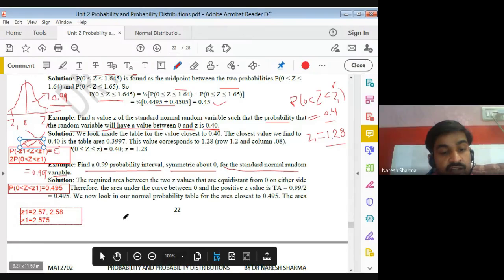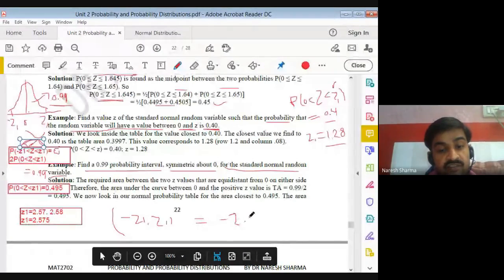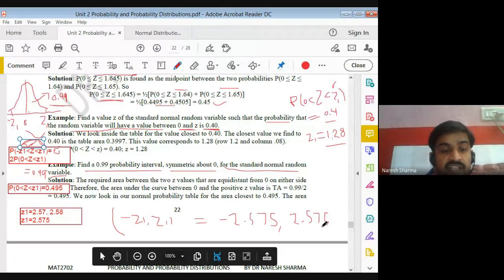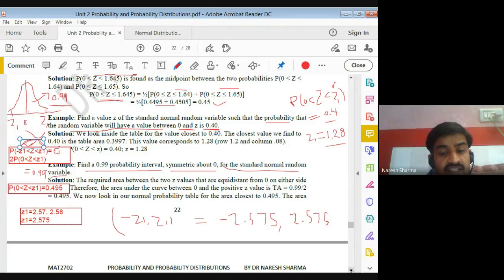So here the interval was minus z1 to z1, that is minus 2.575 to plus 2.575. So here we discussed all kinds of possible cases of how we can look up the table.